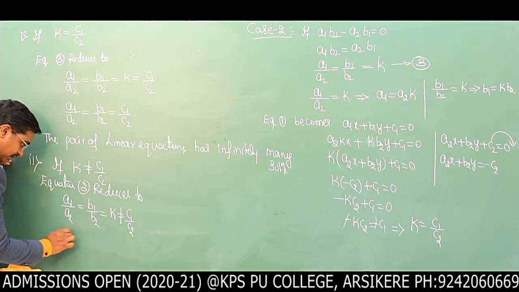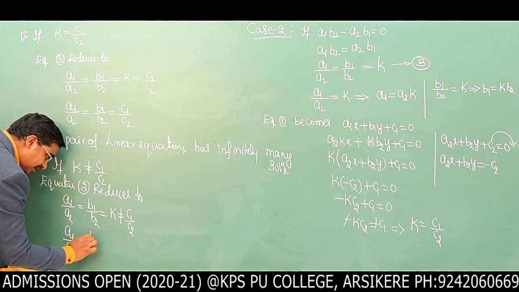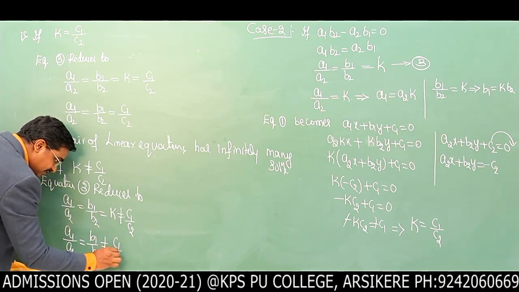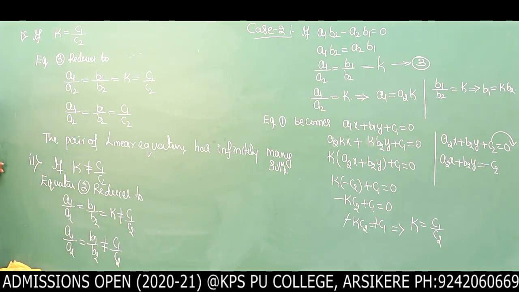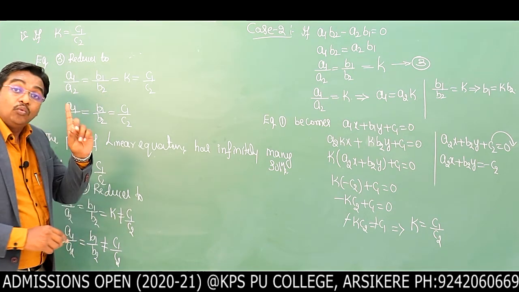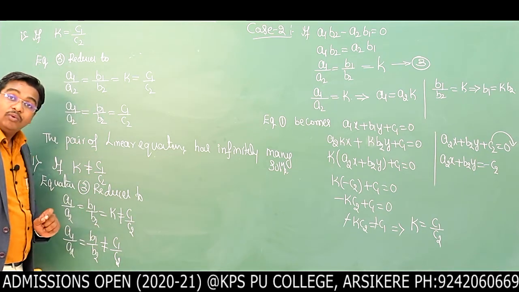Obviously the remaining terms give a1 by a2 is equal to b1 by b2, which is not equal to c1 by c2. When this case occurs, just remember, when the lines are parallel there is no solution. This is the condition for when lines are parallel.